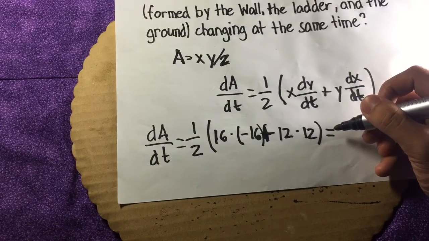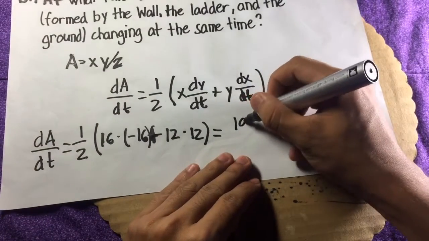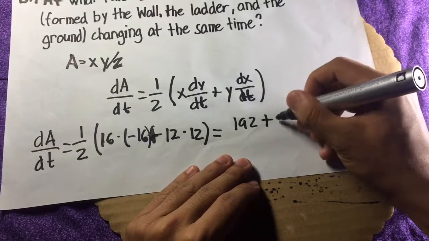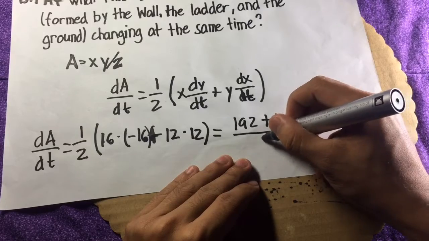So this will become 1/2 of negative 256 plus 144 over 2.